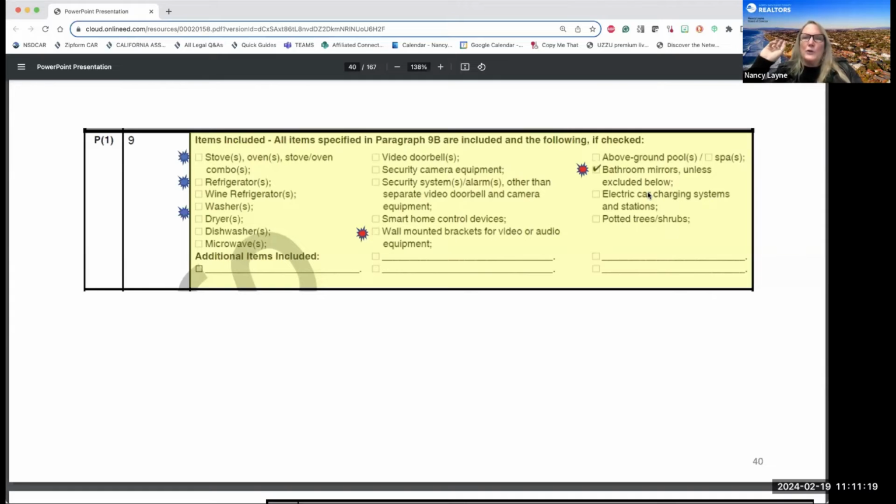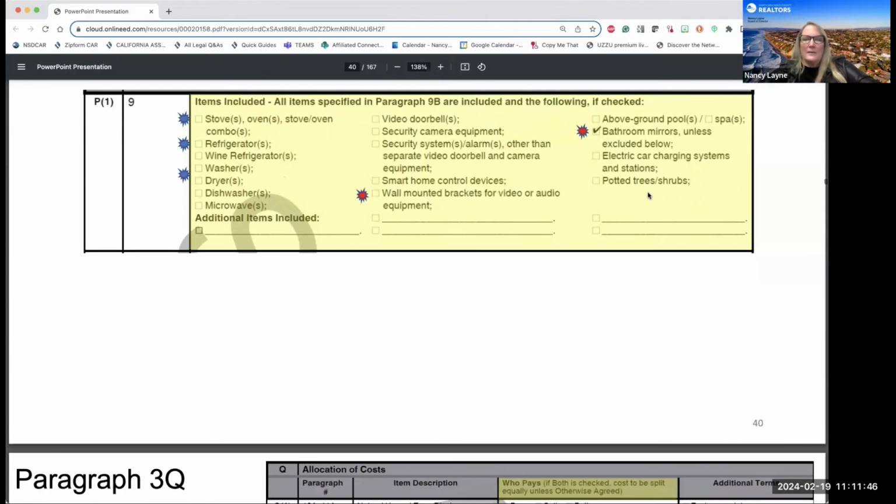If you have a smart home system, a lot of times that's controlled by your telephone. You don't get that person's telephone or their computer or their iPad. You do get the devices, and you'll have to create your own connection to those. So just be aware of that when you're talking to your clients. Again, anything that's attached to the property is going to stay.